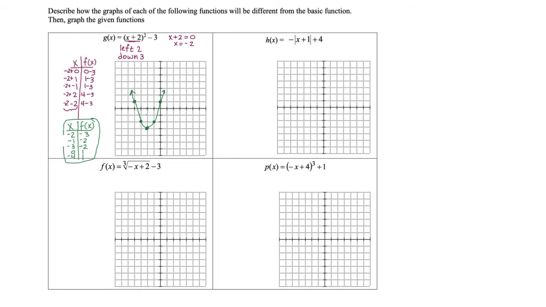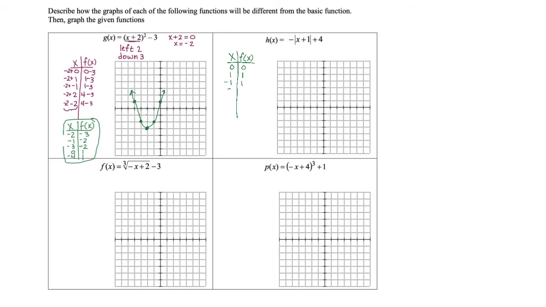That's our absolute value. So let's pull the original t-chart. And the original t-chart for your absolute value was 0, 0. And then we have 1, 1. We have -1, 1.